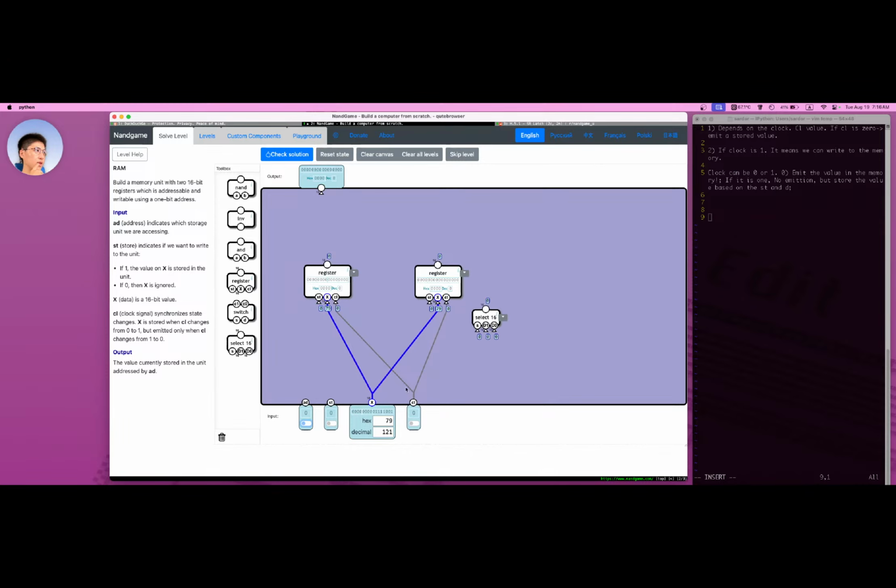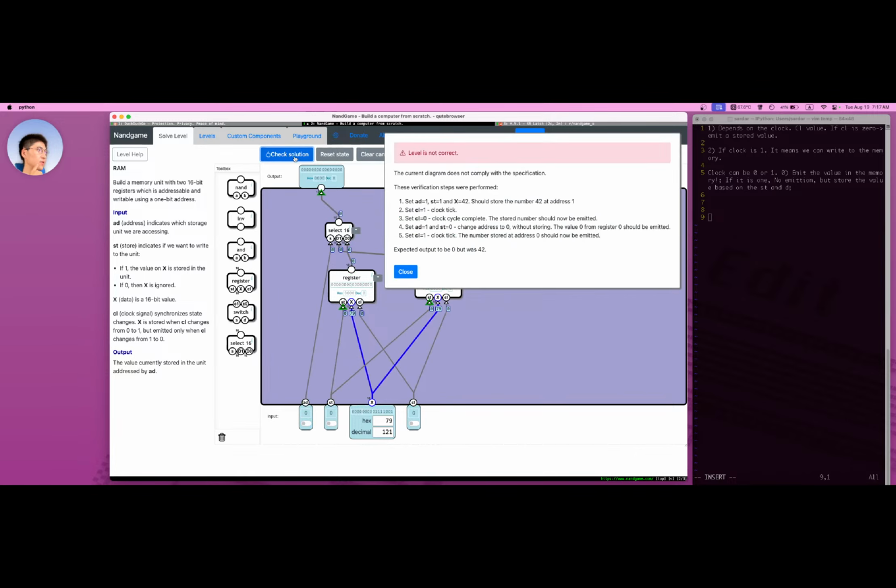Then we use select based on address. If address is 1, go here. If address is 0, go here. And standard is standard. Output from here. Let's check solution.